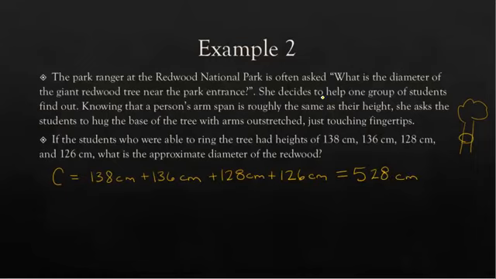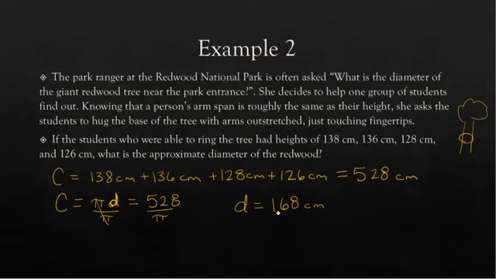So from there, how do we get the diameter? Our circumference is pi times our diameter. We know that our circumference is 528. So how do we get d by itself? We divide by pi. So if I use the pi button on my calculator, 528 divided by pi gives me 168 centimeters.